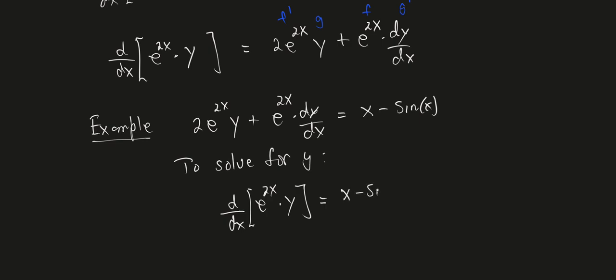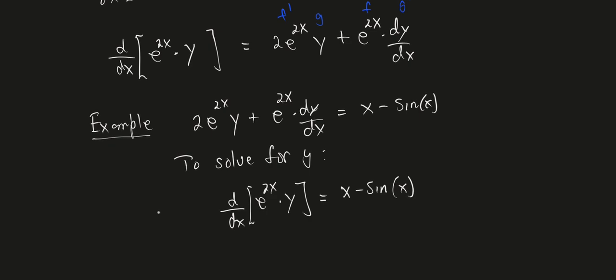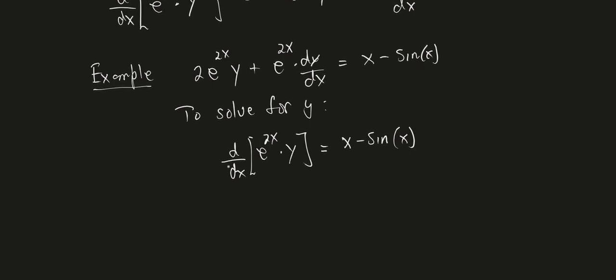We have this. And you see the benefit now is I only have a y here, because I've written this sum as the derivative of a product, and there's only one factor here that involves y. So if I want to isolate the y, let's think how we would do that. Well, first I would have to get rid of this derivative.